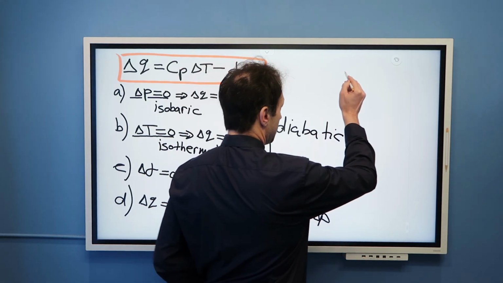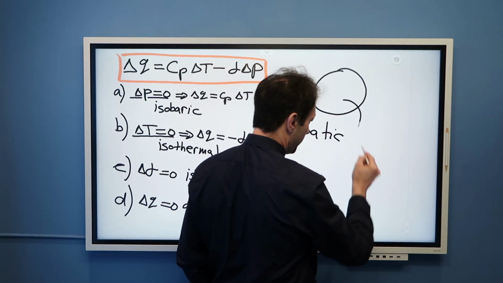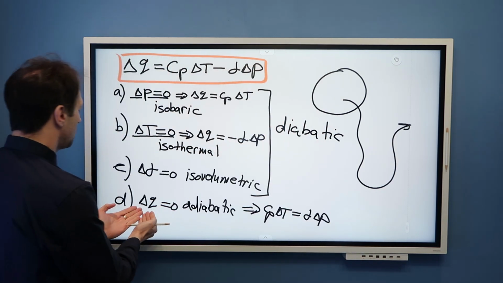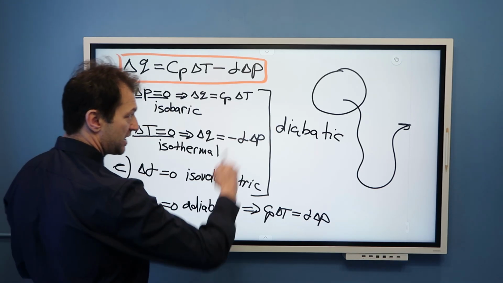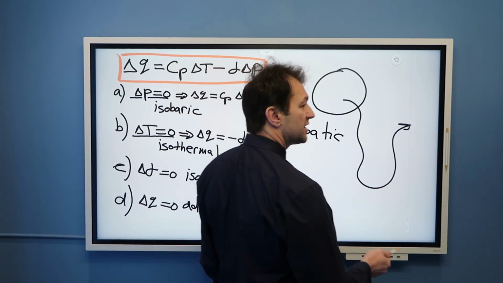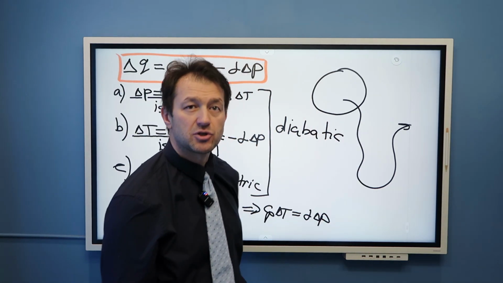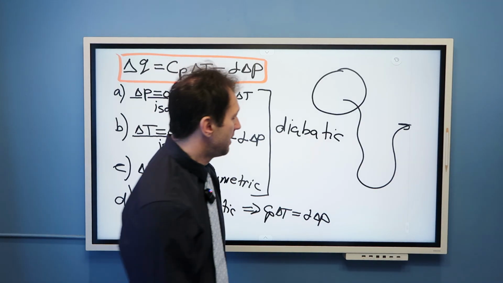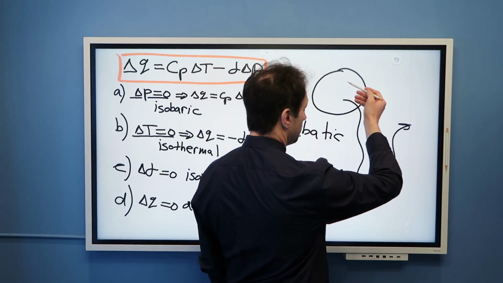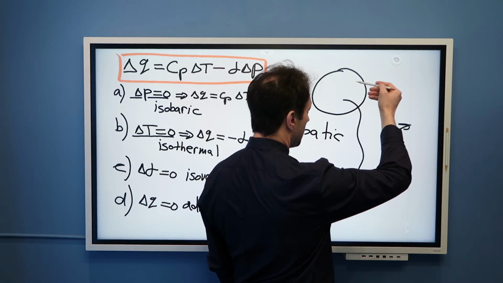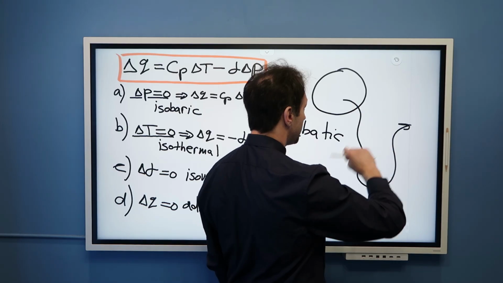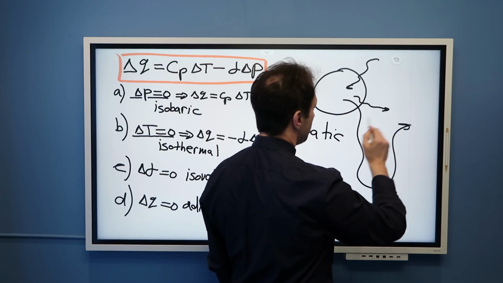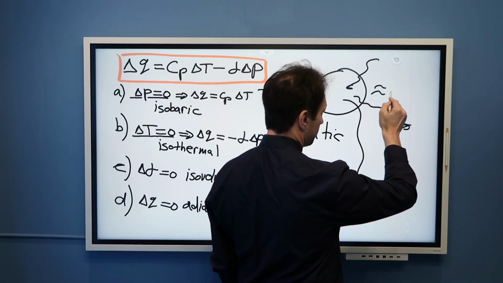For example, if we have a parcel of air that is moving around, adiabatic process means there is no exchange of heat between this parcel of air and the environment, and that's a very good approximation over short time scales, minutes, seconds, hours even, because the amount of radiation that would be absorbed, let's say solar radiation, is negligible, or the amount of radiation that this air parcel emits is almost equal to 0.